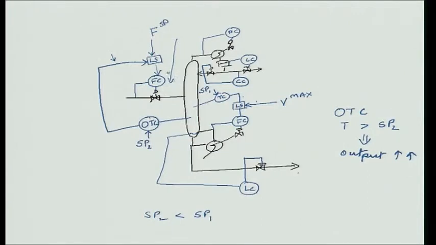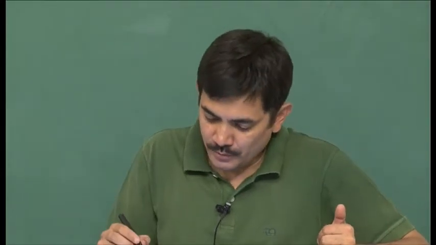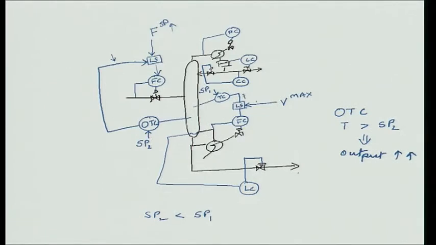Now, let us say the operator or the upstream process is increasing the flow set point. What will happen? The sequence of events: if the flow set point is being increased, you are putting more feed. To maintain the tray temperature, the boil up will go up. As the boil up is going up, this signal will keep increasing.